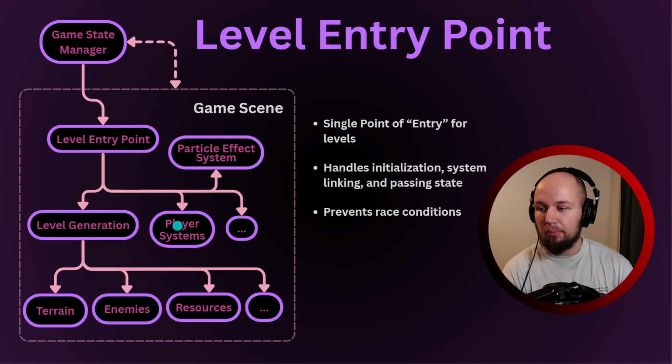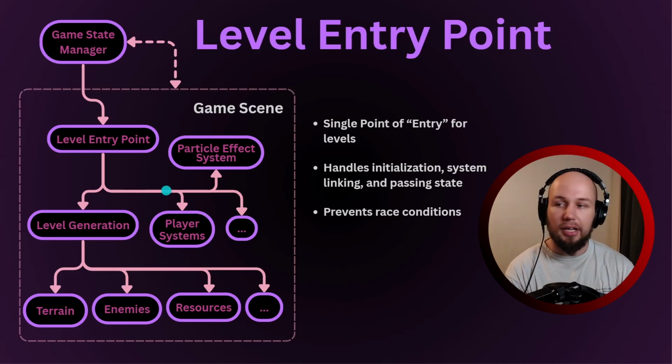For example, if you want to spawn your player, you need to first know the spawn point for the player. So the order in which the level is generated and the player is spawned is very important. If you first try to spawn the player, then you don't know where to spawn it. So you have to generate the level before you can spawn the player.